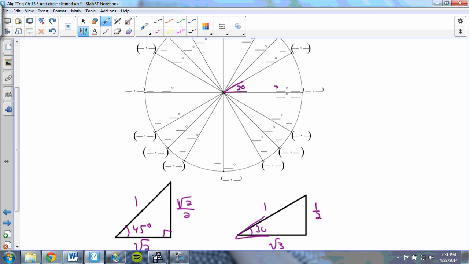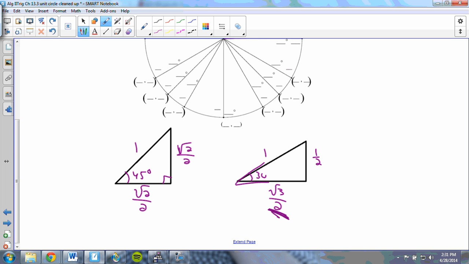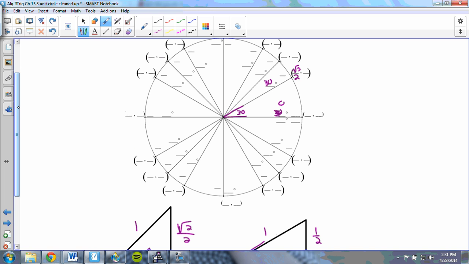But if this is 30 degrees, whoops, sorry, that was 0 degrees. If this is 30 degrees, and this length here is root 3 over 2, coming from this length here. And this is 1/2, also coming from that length down here. And we've done a 45 degree right triangle.